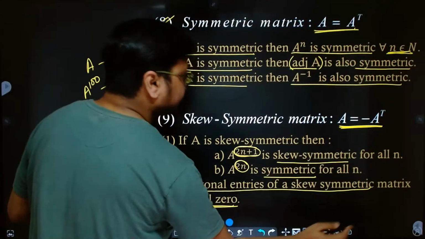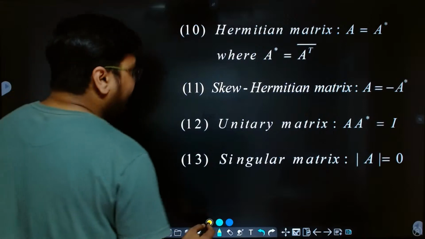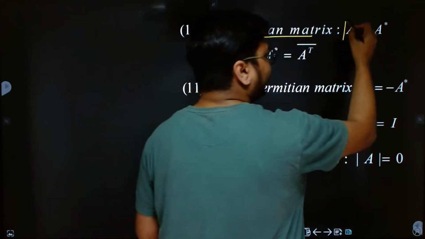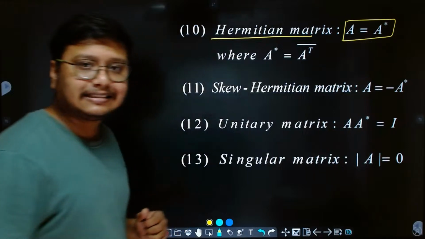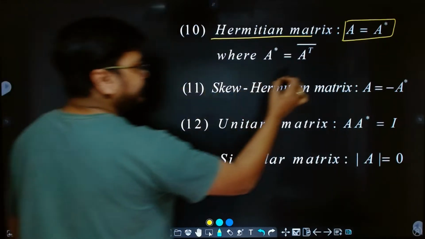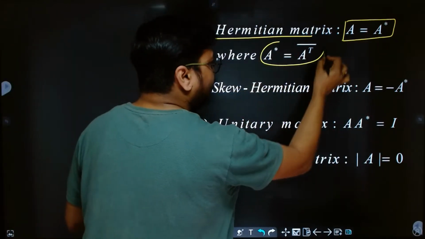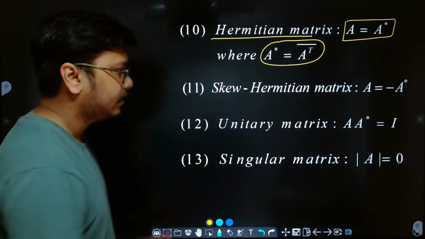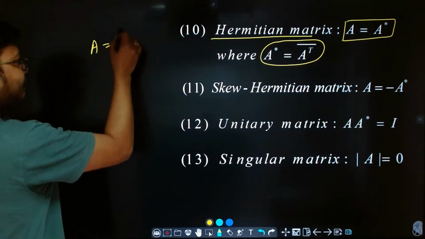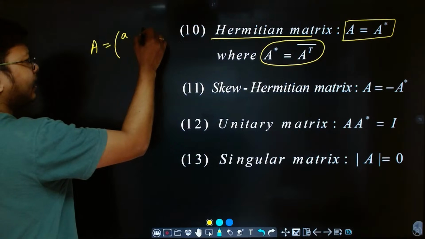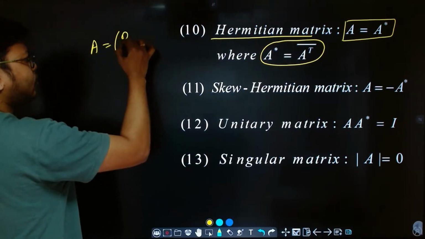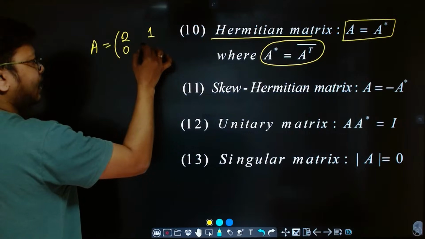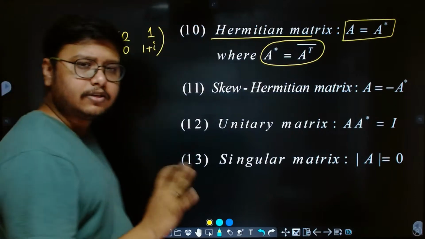Moving on, Hermitian matrix. What is a Hermitian matrix? If A equals A star. Now what is A star? A star symbolizes A transpose bar. Bar means conjugate. Suppose I have a matrix with entries 2, 1, 0, 1 plus i, where i is the complex number.